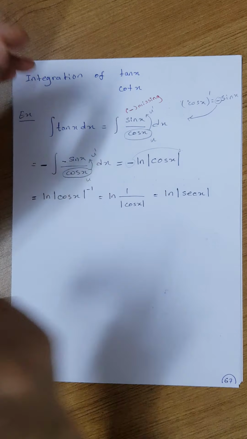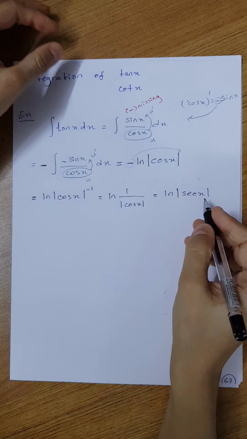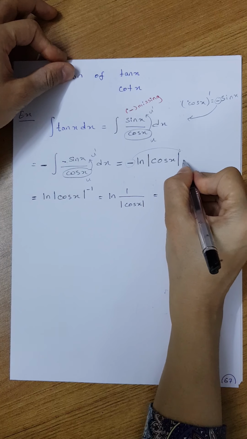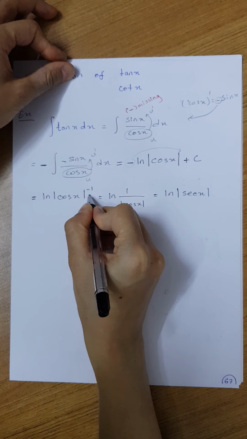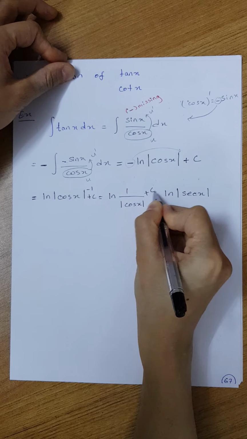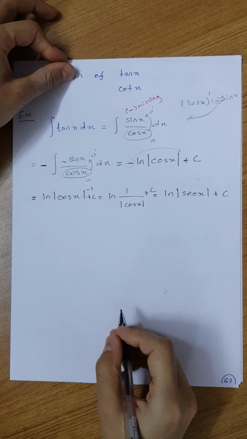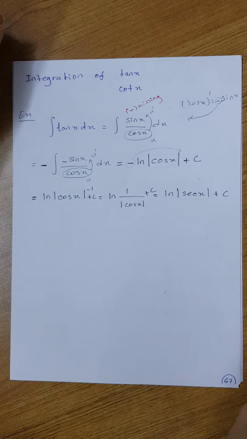So the result of this one is ln of secant of x. Here we have forgotten to write the c. So I have got plus c, and here of course ln of secant of x plus c. So that's how the integration of the tan function is described.